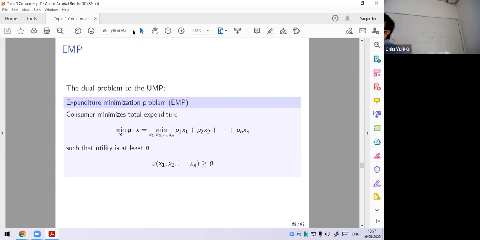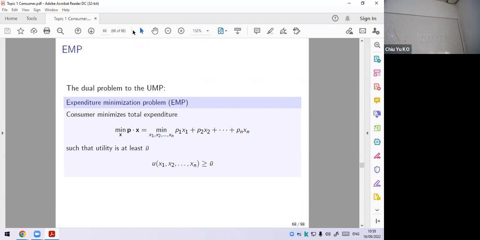And we can flip our mind in reverse. We can fix a particular red line. Instead of fixing the black, we fix the red one, a particular utility level, and adjust our budget. We want the minimum budget to achieve that particular utility level. So you can see these are two sides of the same coin.